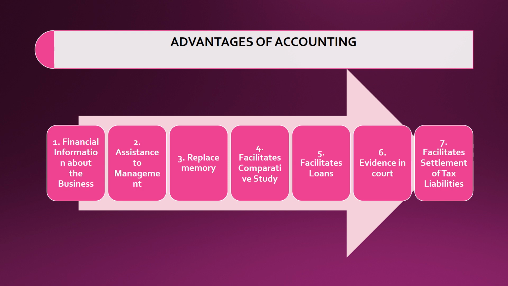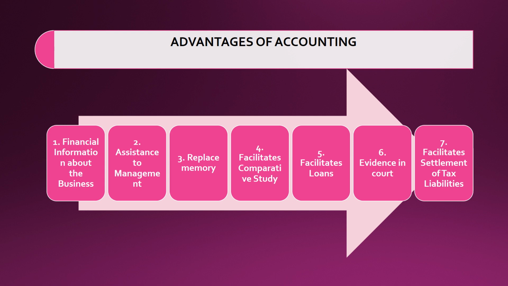As we have studied in the last topic also, accounting provides a systematic record of the financial transactions, of the financial performance in terms of profit and loss, and in terms of assets and liabilities, what is owed by the business and what is owned by the business. This is the information which is provided by the accounting.